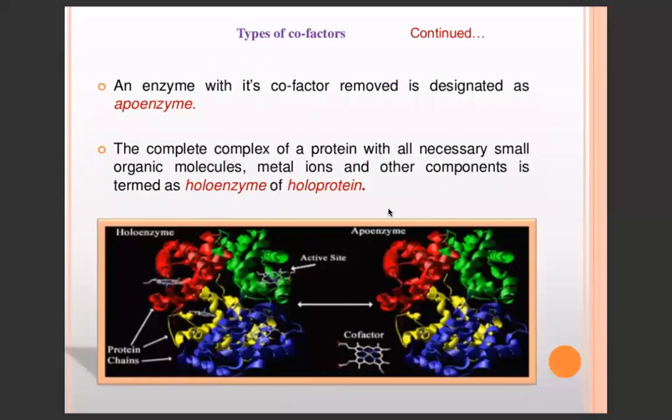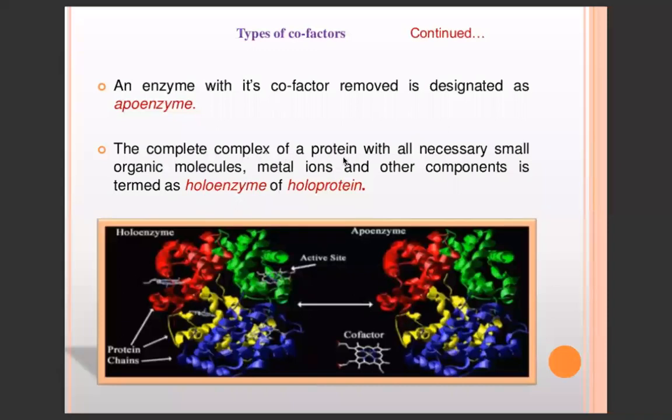An enzyme with its cofactor removed is designated as an apoenzyme. Please remember this: when a cofactor is detached from the enzyme, then that enzyme portion is called the apoenzyme.